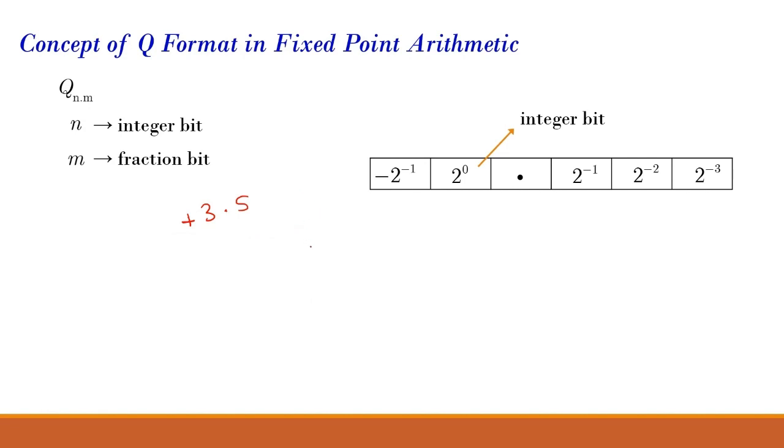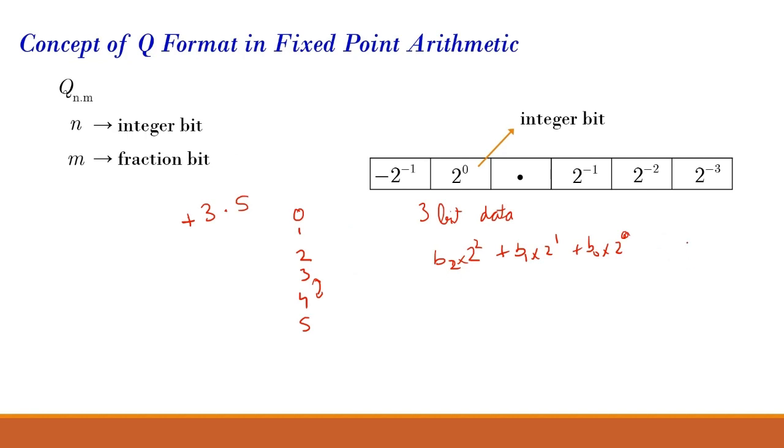Till now, this is unsigned. I was just saying 0, 1, 2, 3, 4, 5. So I want to represent something between 3 and 4. Assume it is 3-bit data. I have B2 into 2 to the power 2 plus B1 into 2 raised to 1 plus B0 into 2 raised to 0.